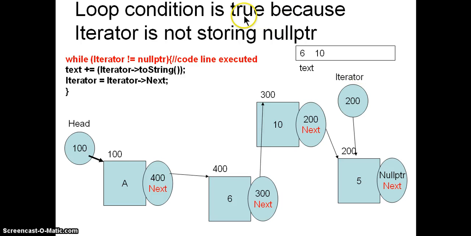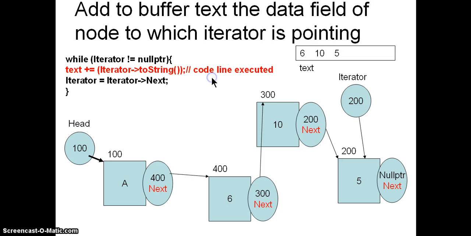Well, the loop condition is true because iterator is not storing null PTR, 200 is not null PTR, so one more time we enter the loop, and in the loop one more time, iterator is pointing to this node, the toString version of this node is simply the value 5, and that got added to the buffer again. Okay, and then as we go further, next we will execute this line.